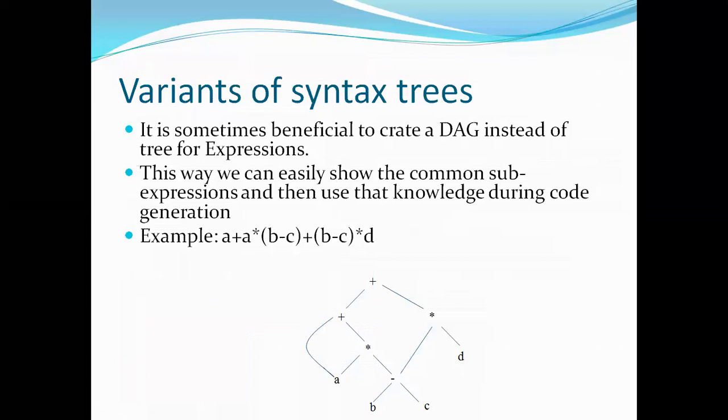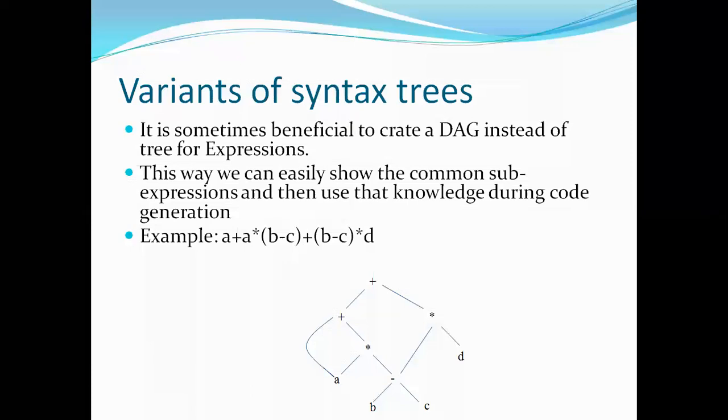If the question is draw the syntax tree for the expression, then you need to only draw the syntax tree, not a DAG, right? If the question is draw the DAG for the expression, then you need to draw the DAGs like this.